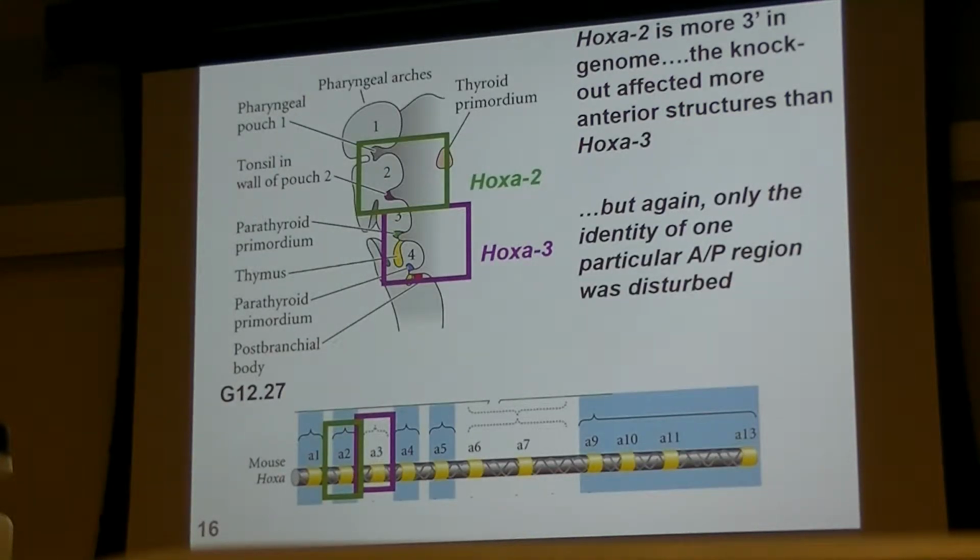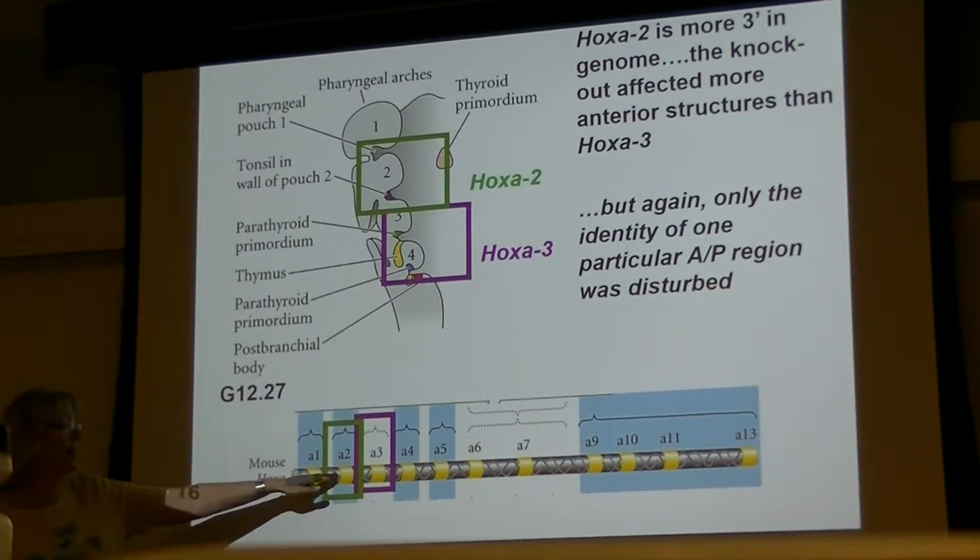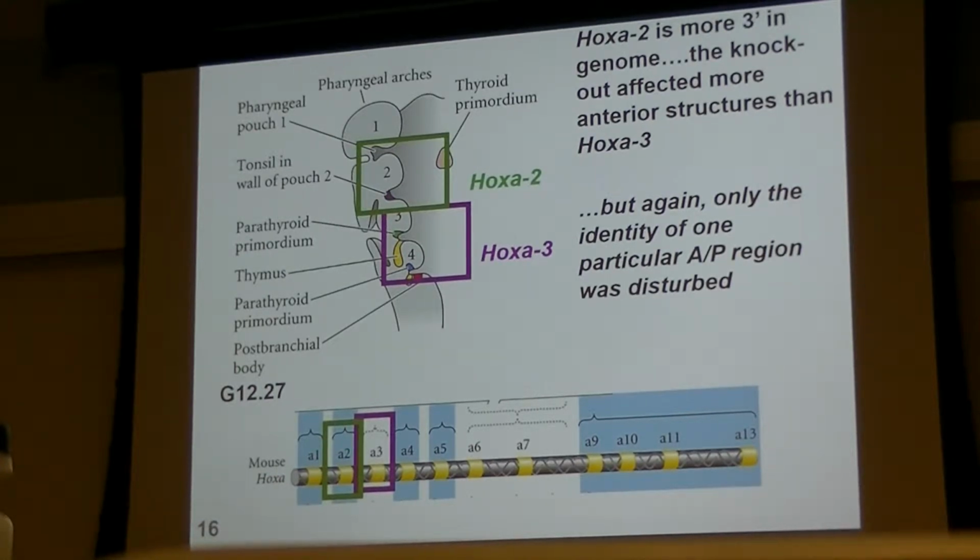Okay, so the next gene to look at was HOXA2, and that one is expressed a little bit more 3' on the chromosome. In the embryo, it's expressed also in the pharyngeal arches, but in a slightly more anterior region. And when you knock out HOXA2, you get a phenotype that affects pharyngeal arch number 2 and the pouches that are associated with that.